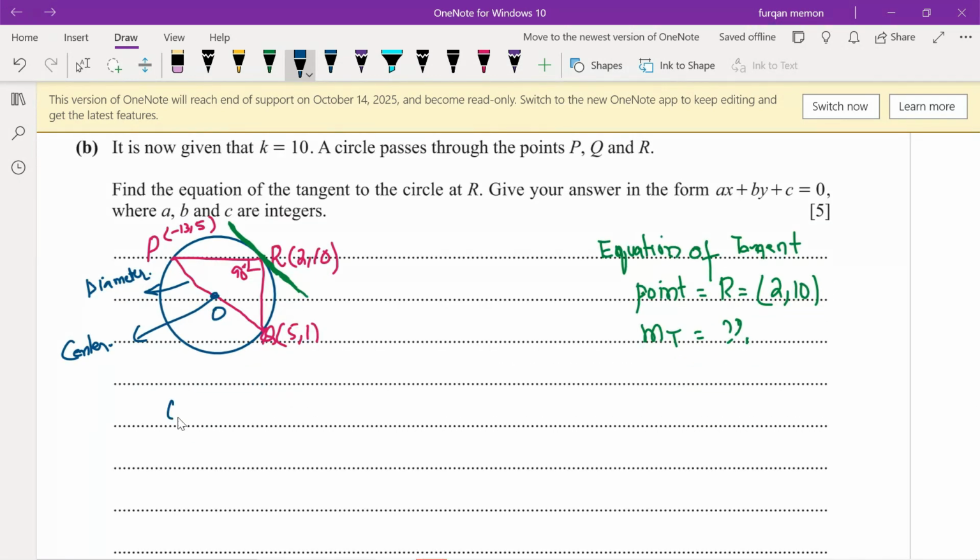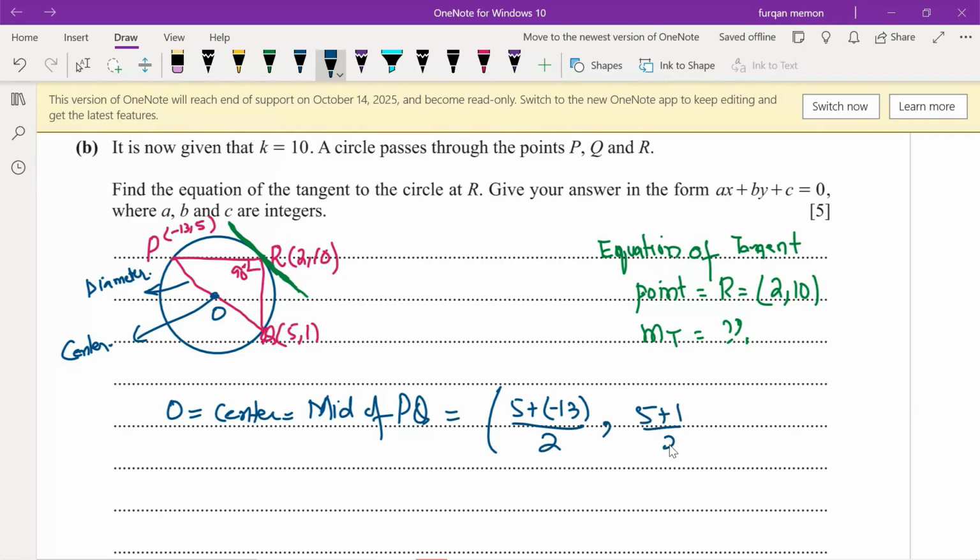So first we calculate the center, which is O. Center is the midpoint of PQ, which is equal to the sum of the x coordinates, 5 plus negative 13 over 2, comma, the sum of the y coordinates divided by 2, so 5 plus 1 over 2.